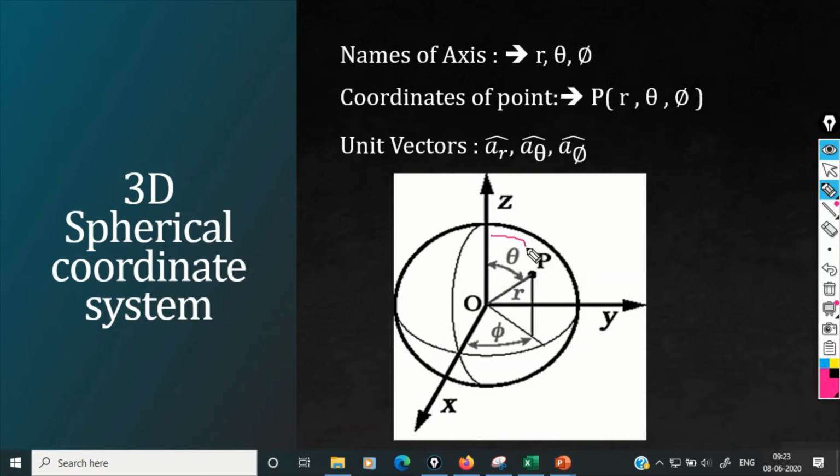I should remember theta is measured from the vertical axis, phi is measured from the horizontal or the azimuth axis. That is important to remember. And the order we have is P, r, theta, phi. Order is also important.